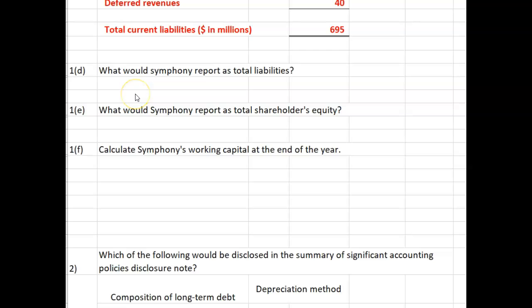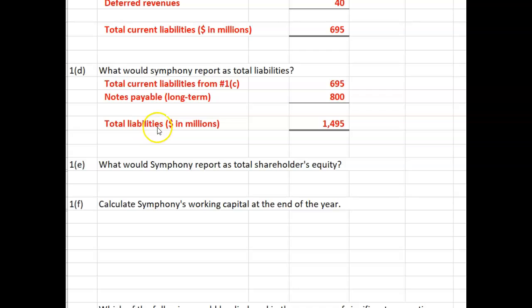Okay, back to the questions about Symphony. Please pause the video to calculate Symphony's total liabilities. Then start the video again to check your work. Symphony's total liabilities are $1,495,000,000, calculated as follows.